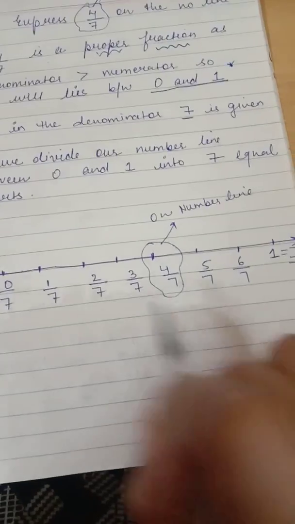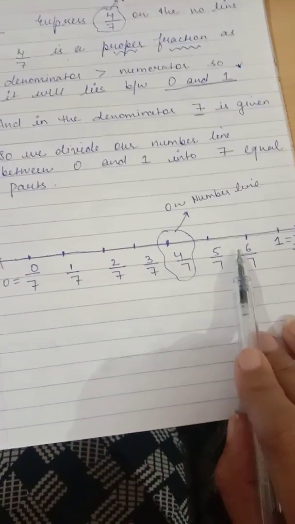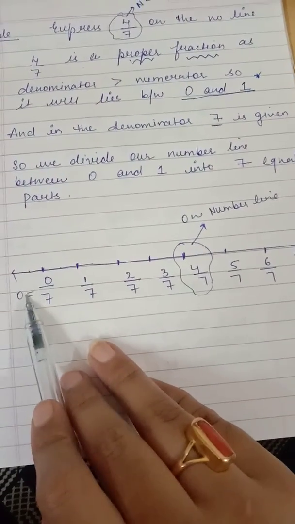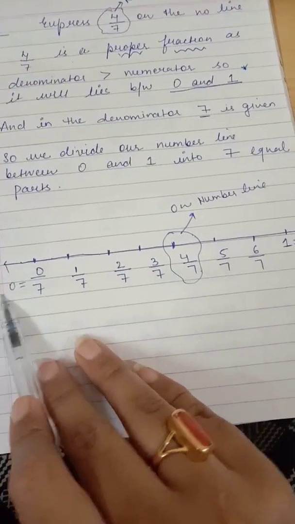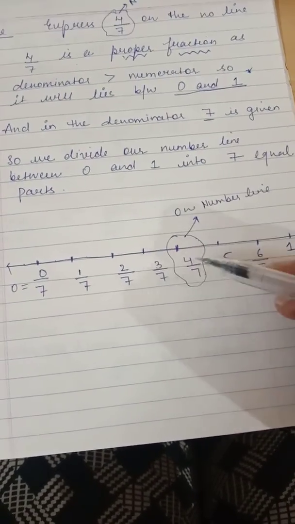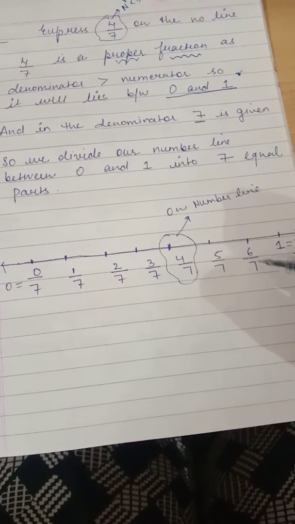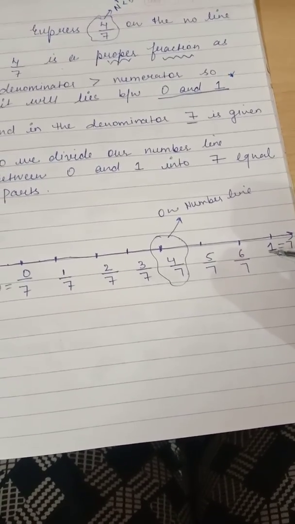So I take my number line, 0 and 1, ठीक है, and I divide this line into 7 equal parts. So this becomes 0 by 7, which is 0. Now 1 by 7, 2 by 7, 3 by 7, 4 by 7, 5 by 7 and 6 by 7 and then 7 by 7 which is equal to 1.